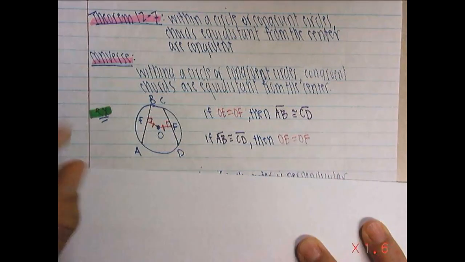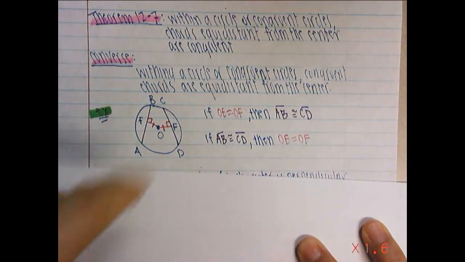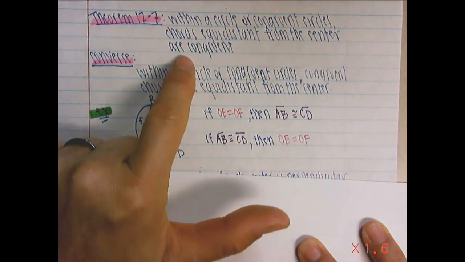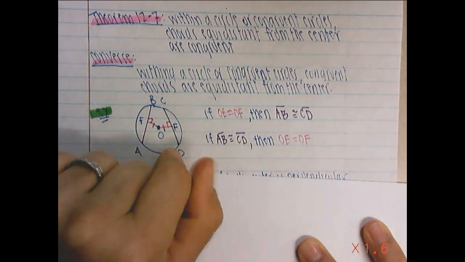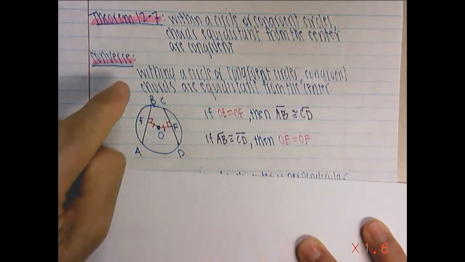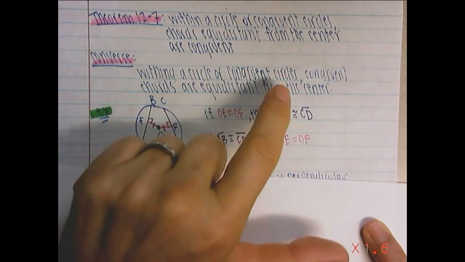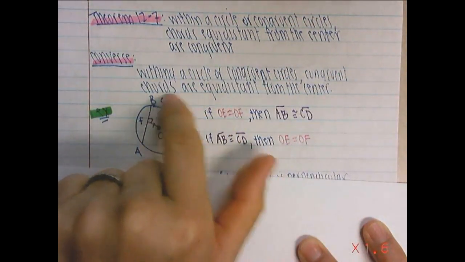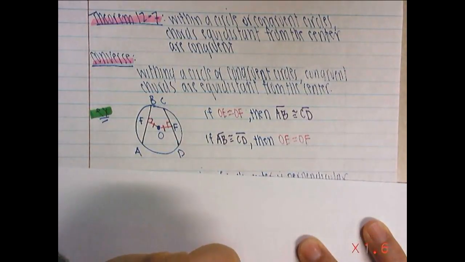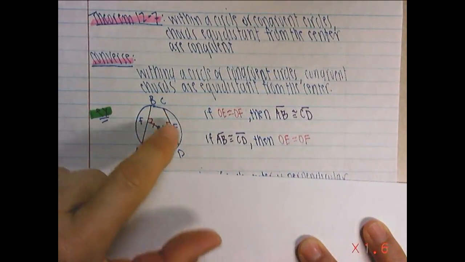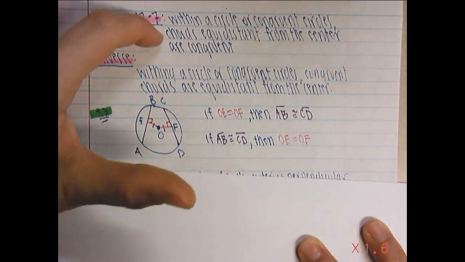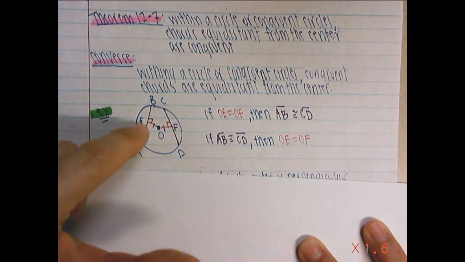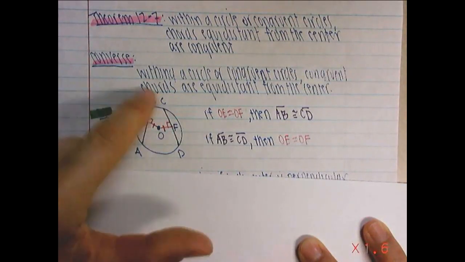Within a circle or congruent circles, chords equidistant from the center are congruent. All right, well, I think the picture will help explain that more. And then let's talk about the converse. Within a circle or congruent circles, congruent chords are equidistant from the center. So, here's two chords.